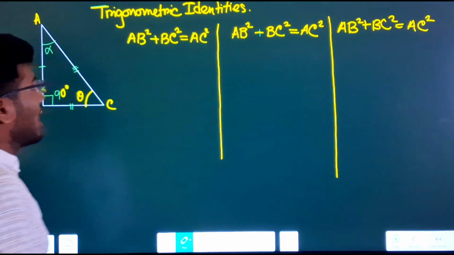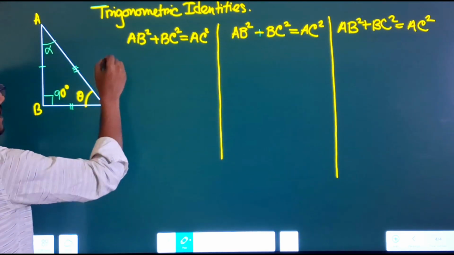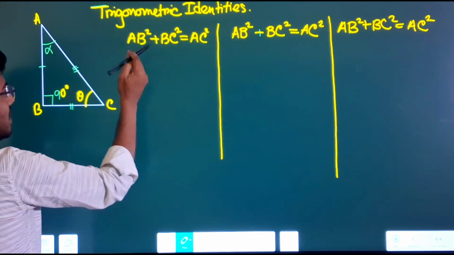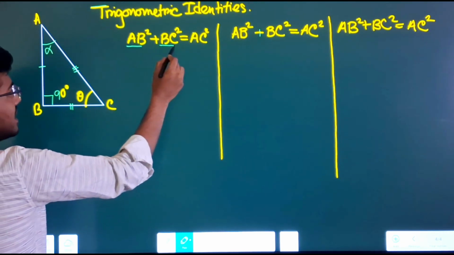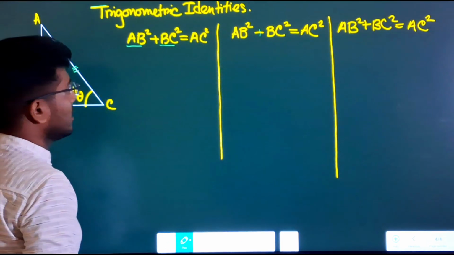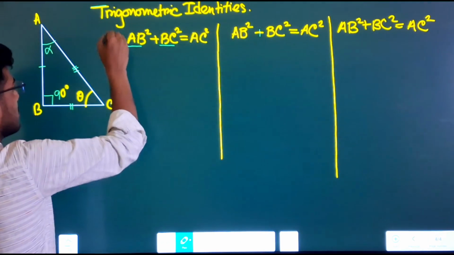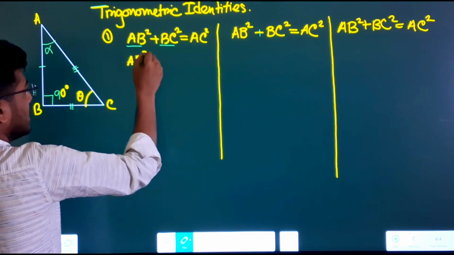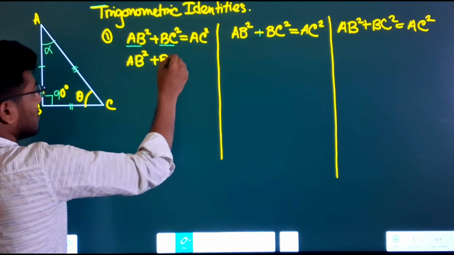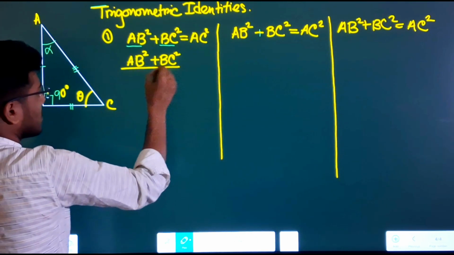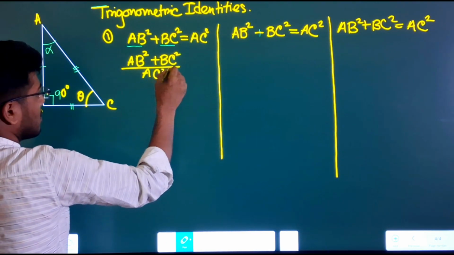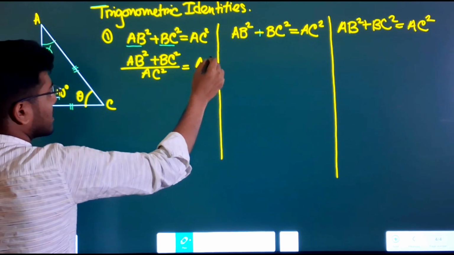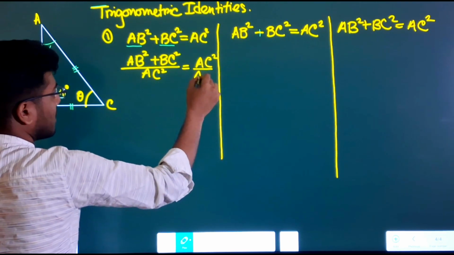Now you divide both sides. The terms are AB, BC and AC. At first I divide both sides by AC square. In the next line we write AC square divided by AC square.